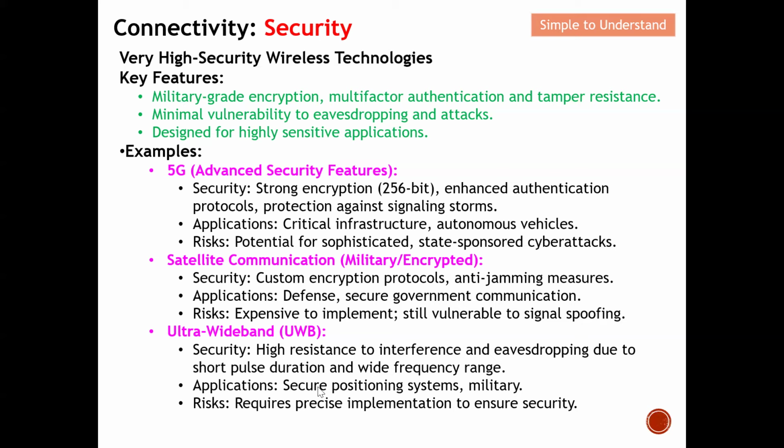As for application, they can secure position. Basically UWB nowadays is used mainly for asset tracking. Therefore they are also able to do some prediction system for mandatory purposes. As for the risk, they require precision implementation to ensure security.